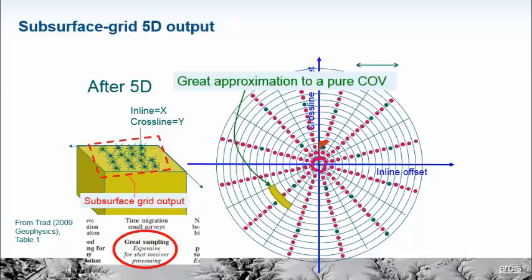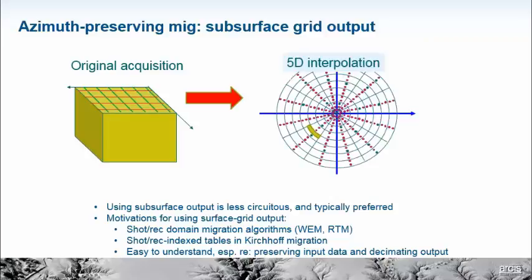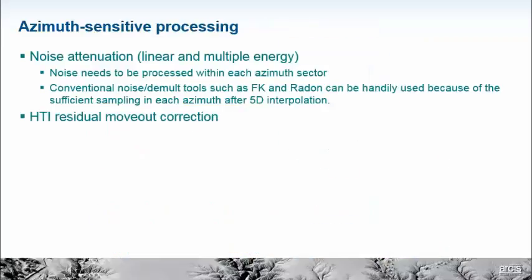Migration does a great job of migrating these individual COVs. So when we go to do our azimuth preserving migration, which is really the workhorse for all this azimuth dedicated processing I'm about to tell you about, it works as follows. Original acquisition, do 5D interpolation, we take each one of these COVs and we migrate them independently. And then we naturally get an output that preserves offsets and azimuths.